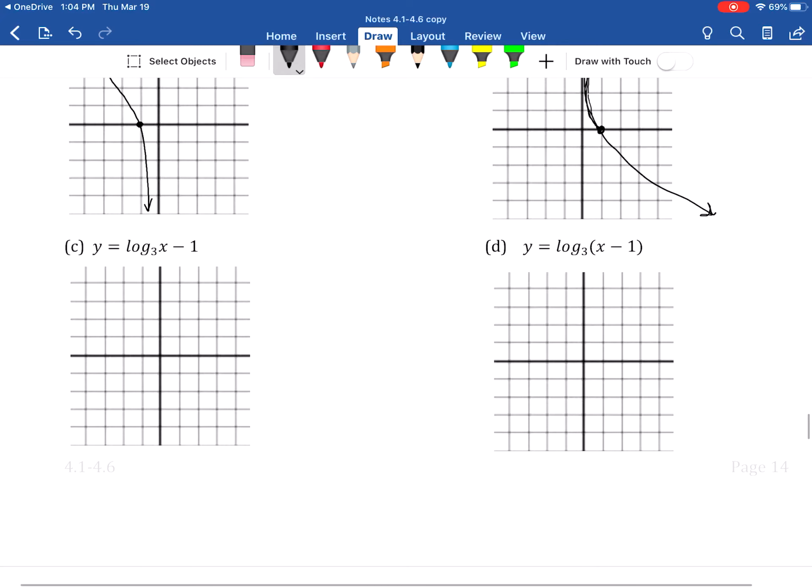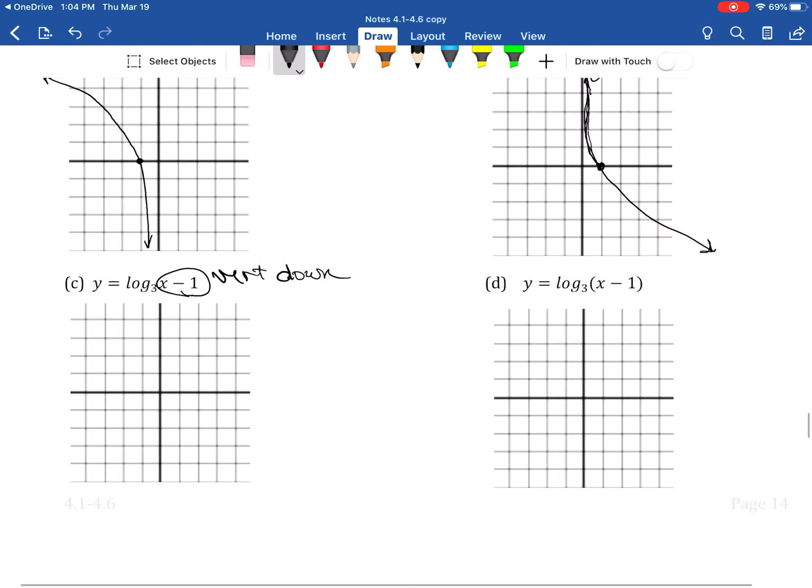Example C, we are going to do a vertical shift down by 1 unit. So the key point that I'm beginning with is at (1, 0), which is here. That's going to go down 1 unit, so that's going to move to here. Now moving down doesn't change the vertical asymptote.